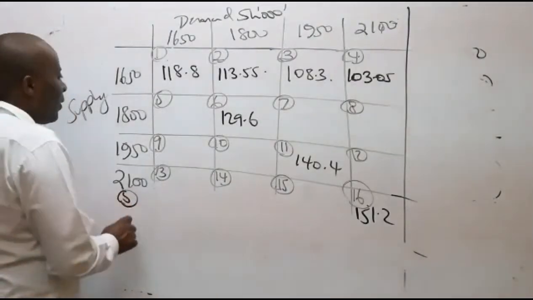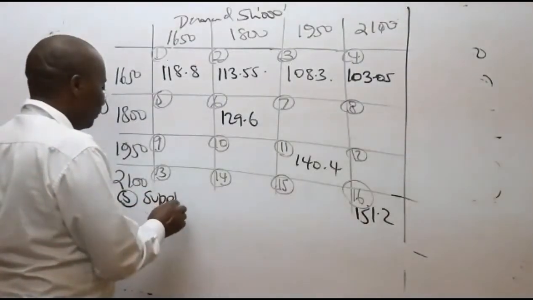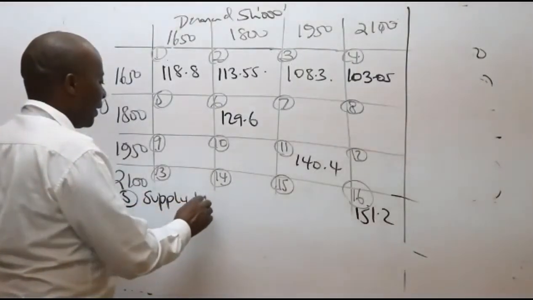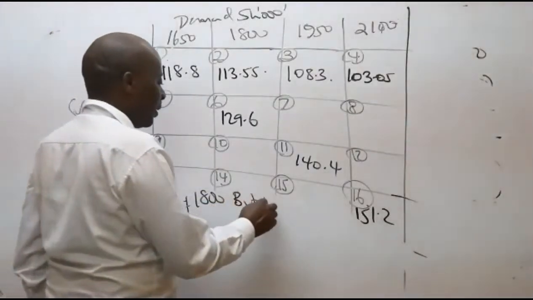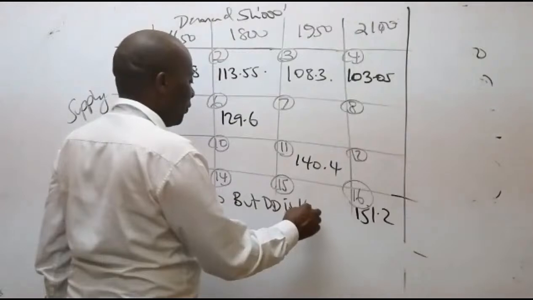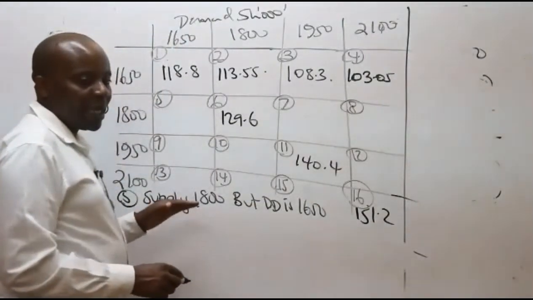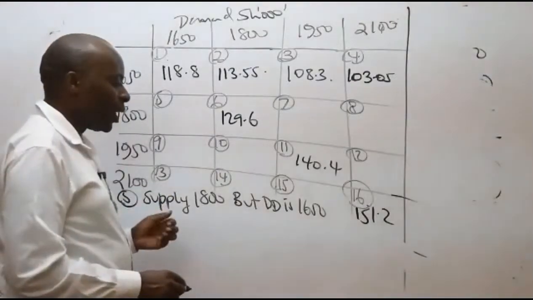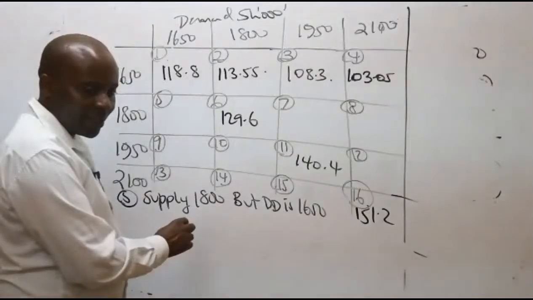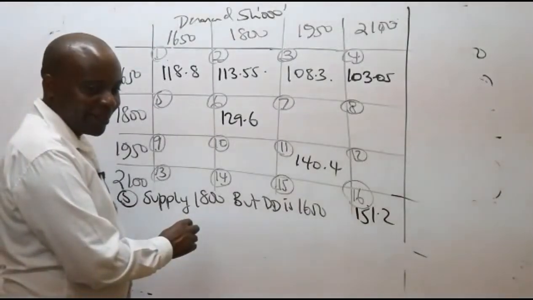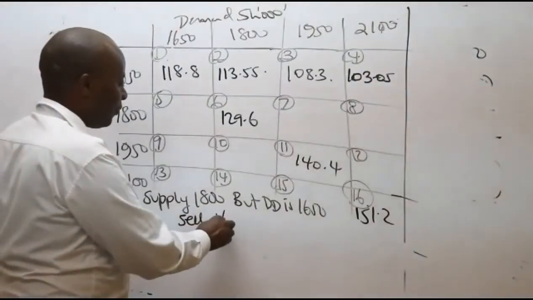For cell number 5, we have supplied 1800, but demand is 1650. So of course you'll compare supply and demand, and the effective one will be the lower. So in this case, sell the lower, sell 1650.